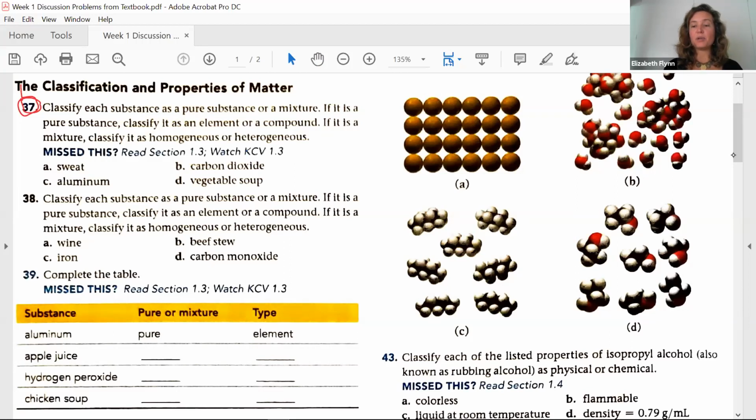Is sweat a pure substance or a mixture? And is it homogeneous or heterogeneous, if it's a mixture? Yeah, homogeneous mixture.